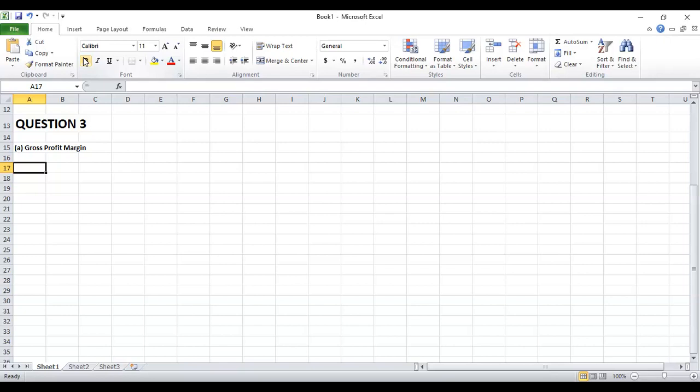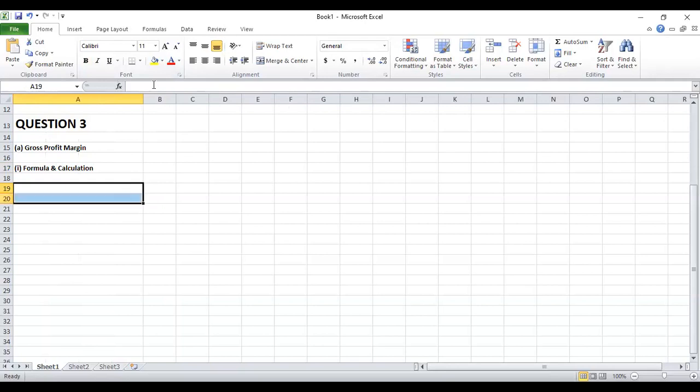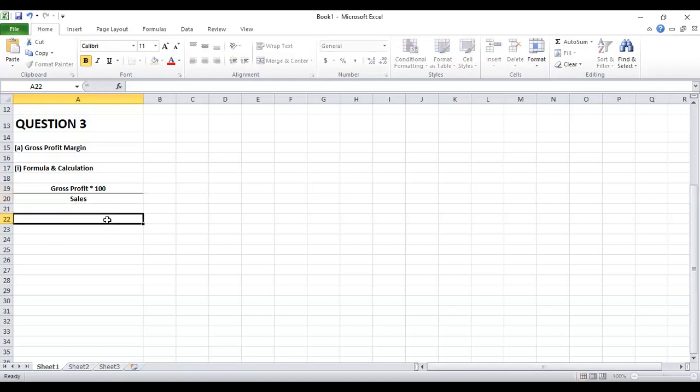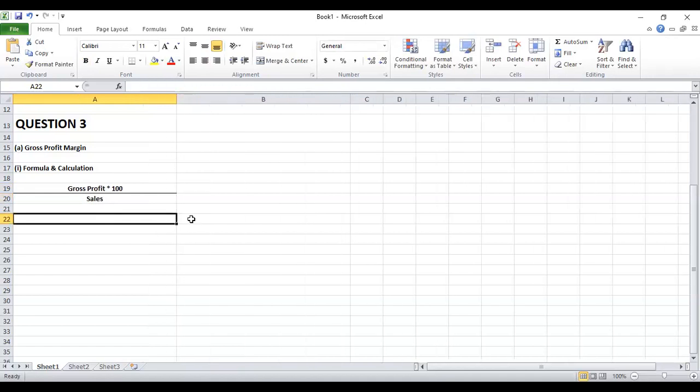Number 1, the formula and calculation. Our formula for calculating the gross profit margin is gross profit multiplied by 100 over sales. We want to calculate for 2021 and 2020.